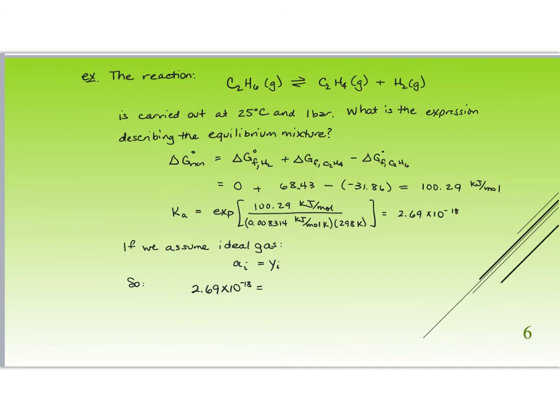Therefore, 2.69 times 10 to the minus 18th in terms of y, with the stoichiometric coefficient of positive 1 for the C2H4 and H2, and negative 1 for the C2H6. So this is great. This is in terms of the mole fractions of each one of these. But remember, they're all interconnected through the extent of reaction.